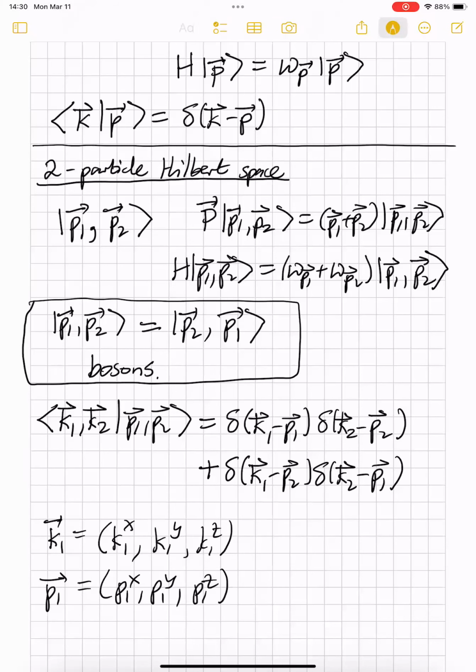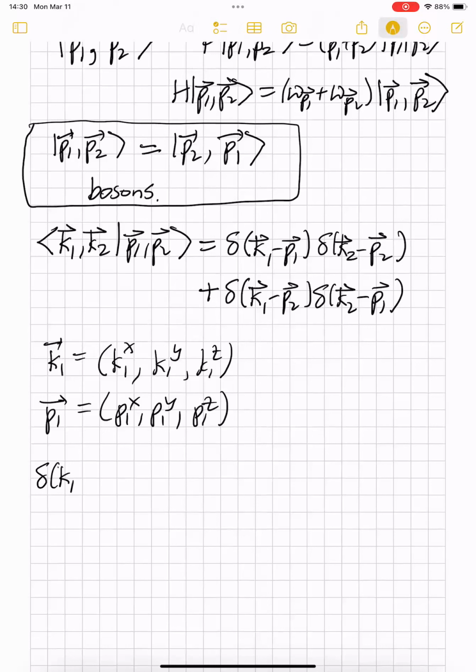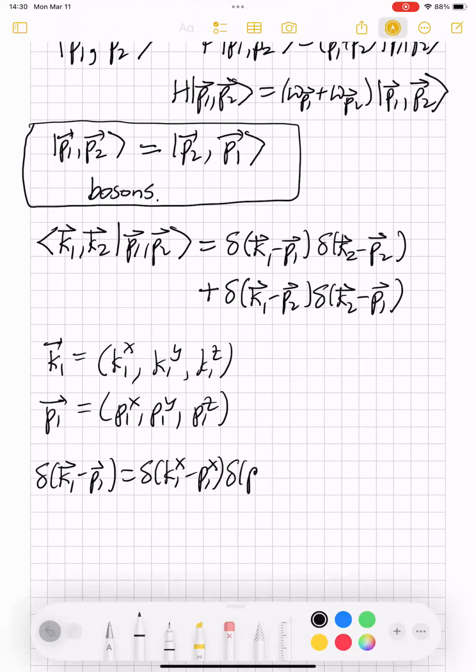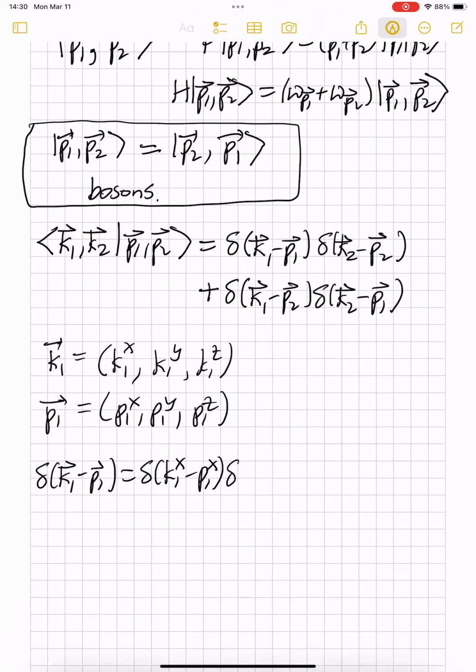Just to be completely explicit, when I write the delta of K1 minus P1, this is a product of 3 delta functions. There's one delta function that sets the x components of the momenta equal. There is another delta function that sets the y components of the momenta equal, and there's a third delta function that sets the z components of the momenta equal.